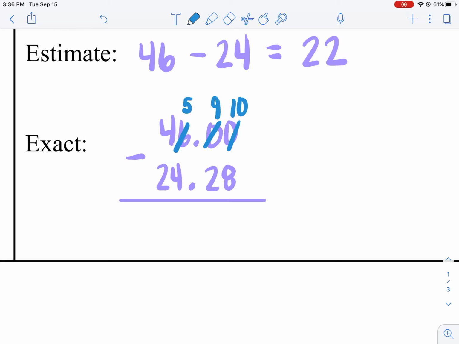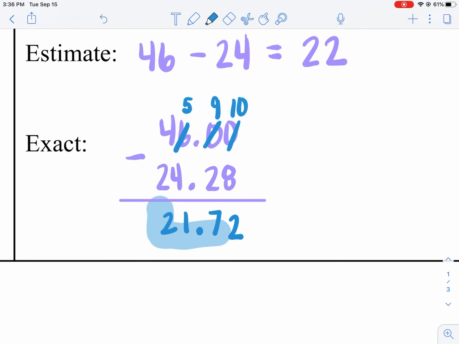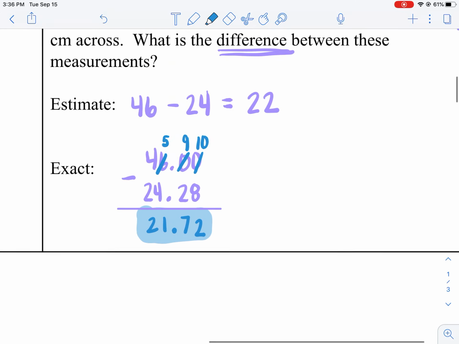And then we would have to borrow from this one as well to lower it to 5. So 10 minus 8 is 2. 9 minus 2 is 7. We're at the decimal, so I'm going to put it now. 5 minus 4 is 1, and 4 minus 2 is 2. Now we'll see the answer is 21.72. It is lower than our estimation, but that's okay because 21.72 does round to 22, so they're pretty close.